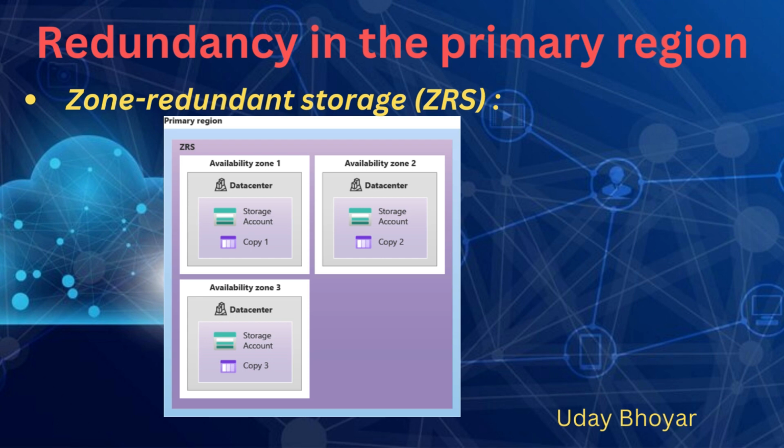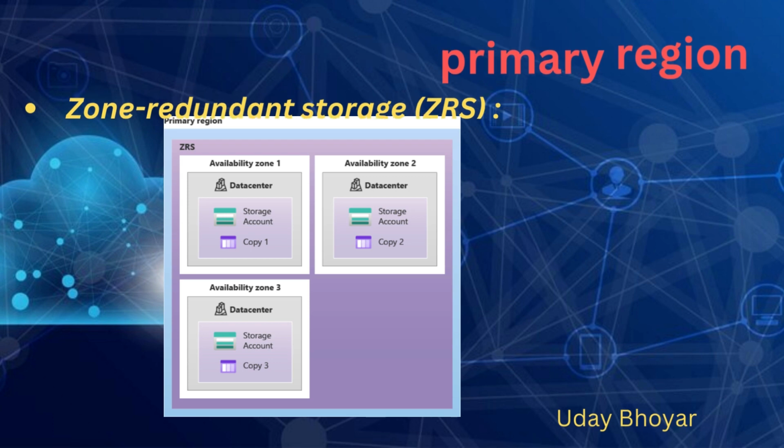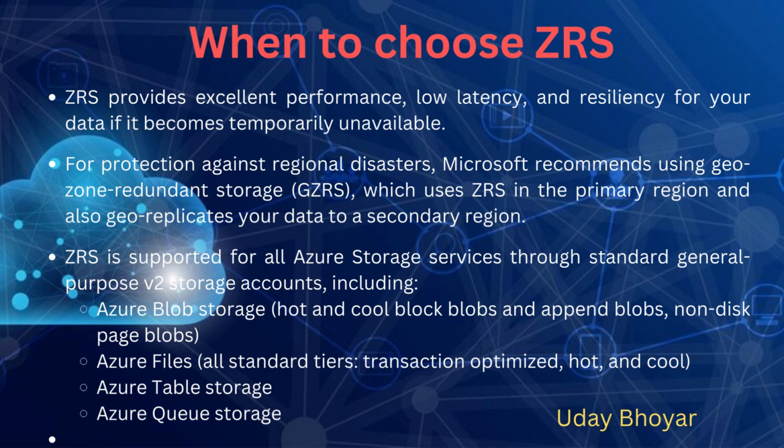Whereas in locally redundant storage, we saw a single data center where the copies of data are stored. In locally redundant storage, multiple copies of data are stored at a single data center in the same availability zone in the primary region. Now let's understand when to choose zone redundant storage.